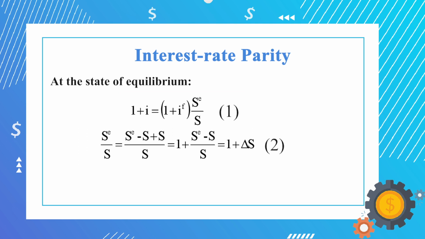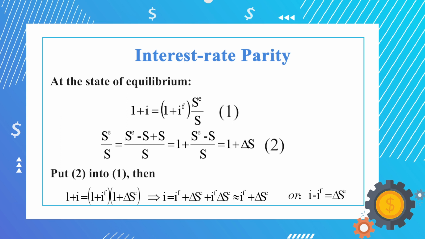In Formula 1, expected spot rate over spot rate can be changed into expected spot rate minus spot rate plus spot rate, then over spot rate, which equals 1 plus delta S. Put 2 into 1, then we get the following formula.